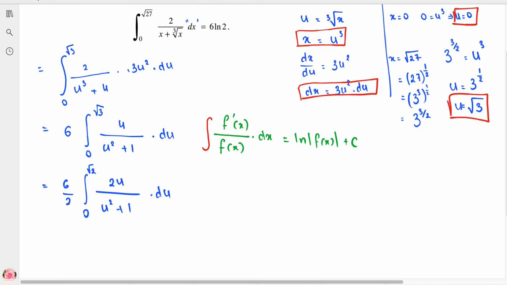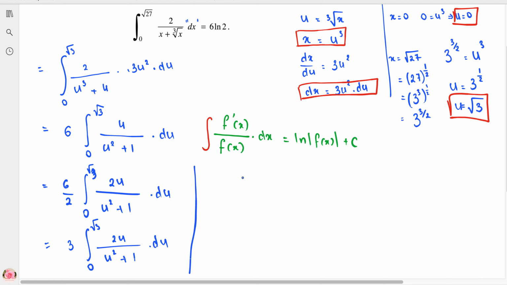So you do need to multiply by a half. That becomes 3 times the integral from 0 to root 3 of 2u over u squared plus 1 du. Now you can see that it looks exactly like that: the differential of the denominator is the numerator.